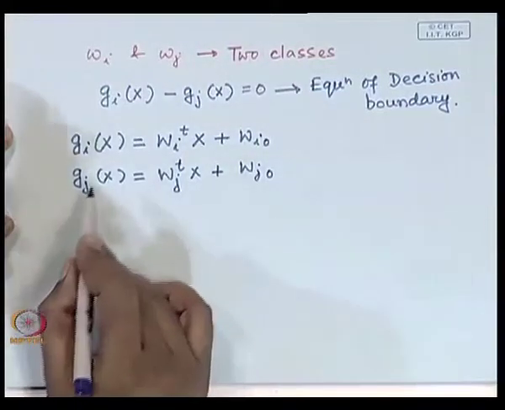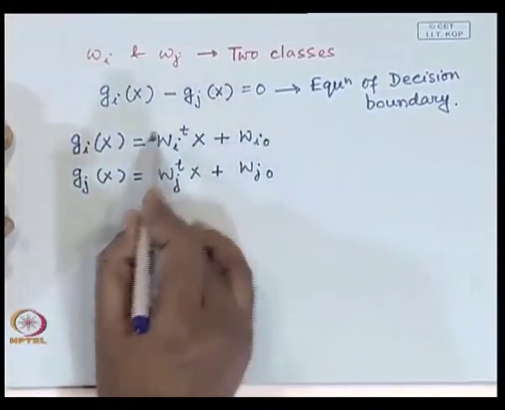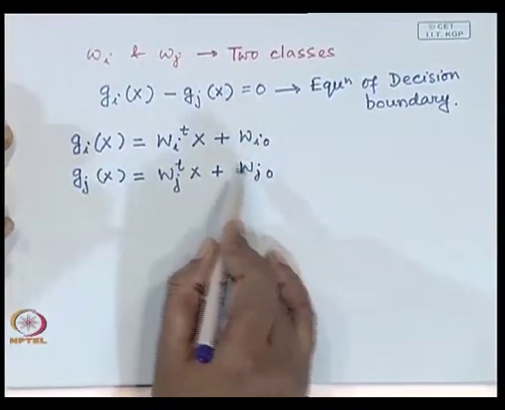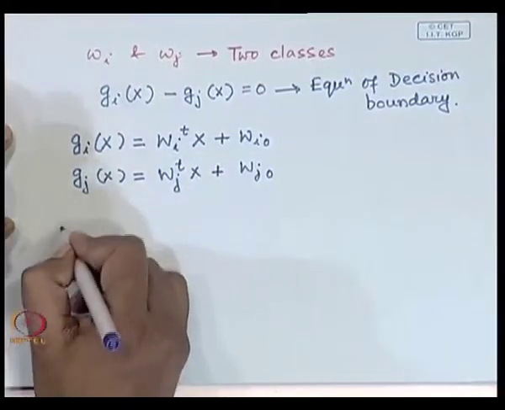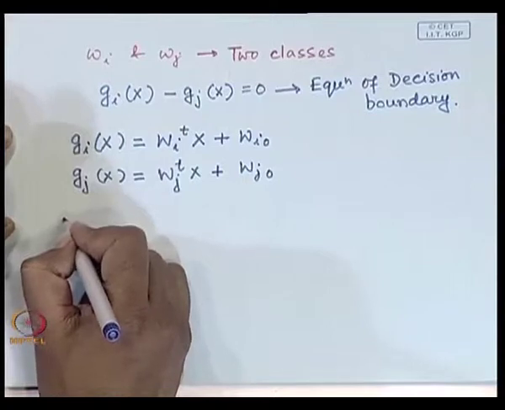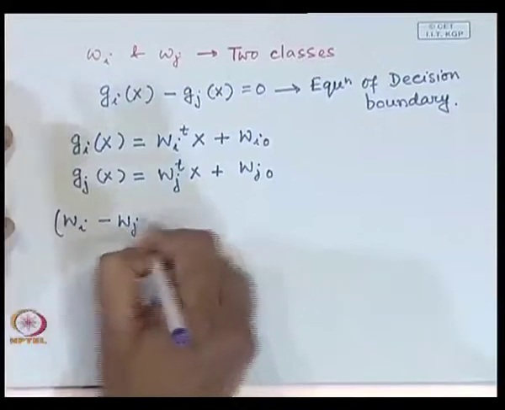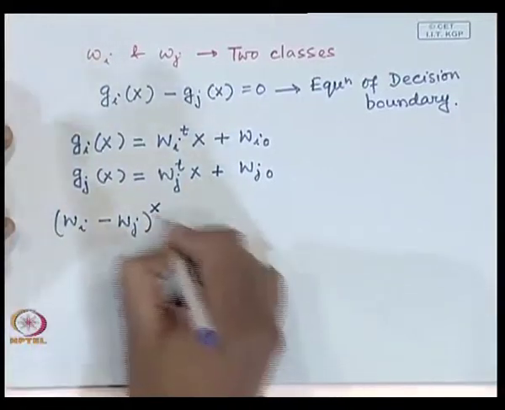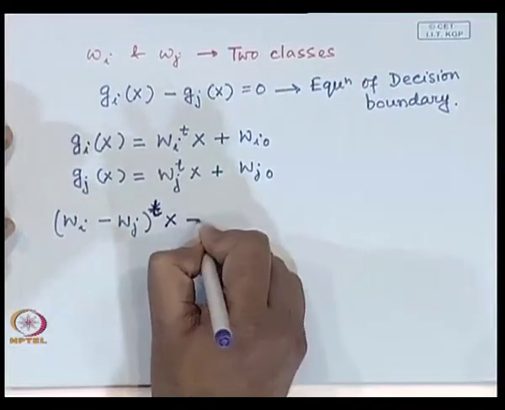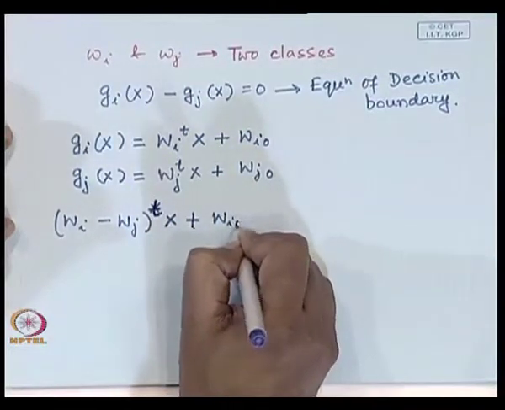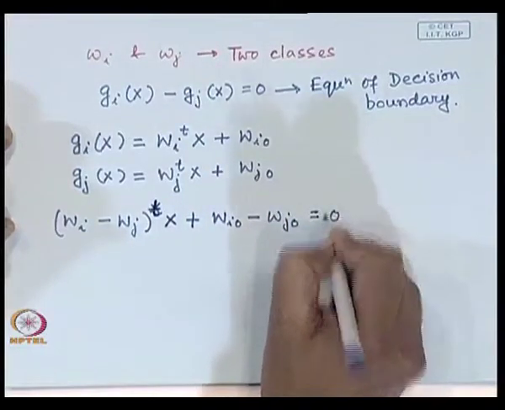So, in this expression, if I replace g_i(x) and g_j(x) by these, I simply get the equation as (W_i minus W_j) transpose x plus W_i0 minus W_j0 equal to 0.